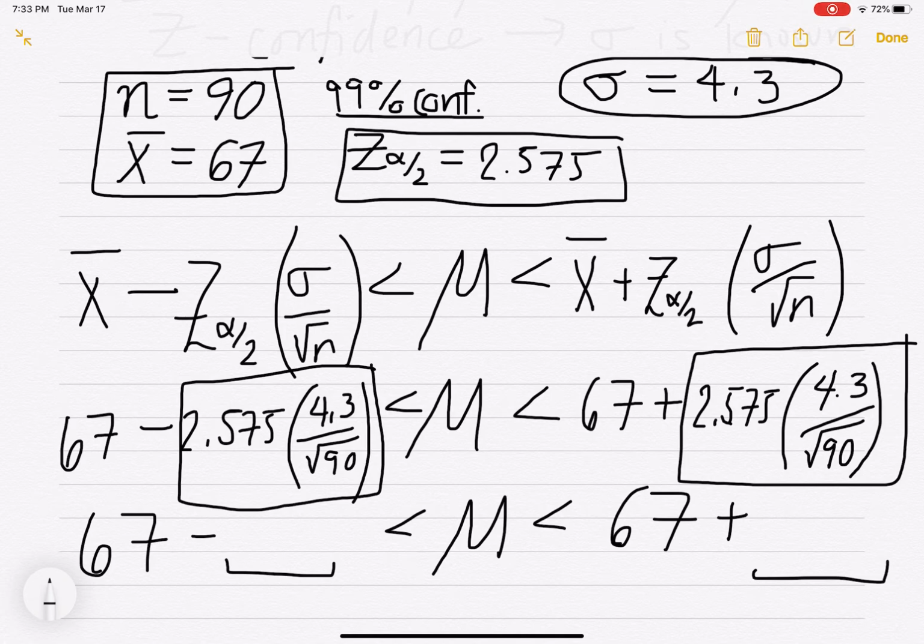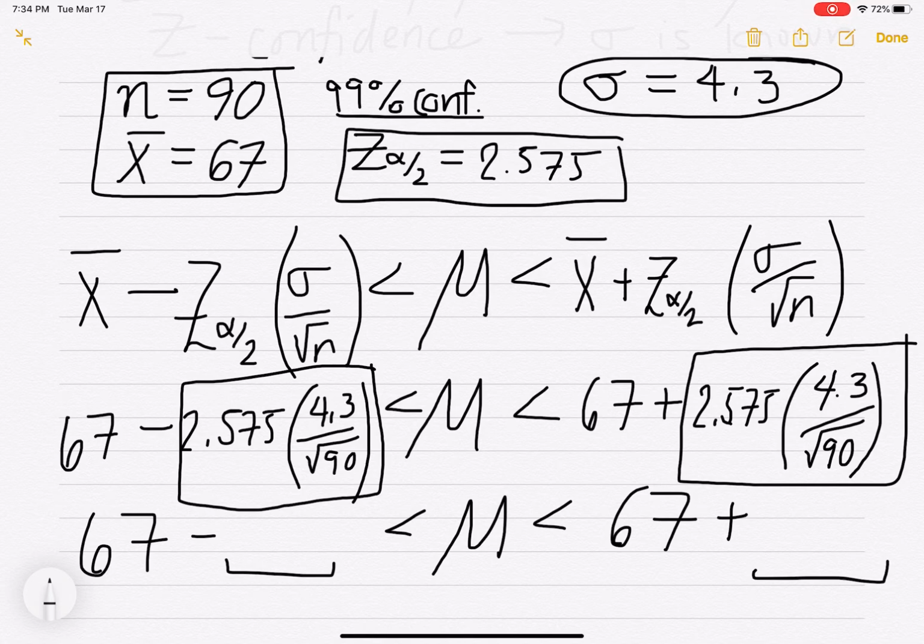It's right here in my hands. I'm going to take 2.575 times 4.3 and divide by the square root of 90. 2.575 times 4.3 divided by the square root of 90.